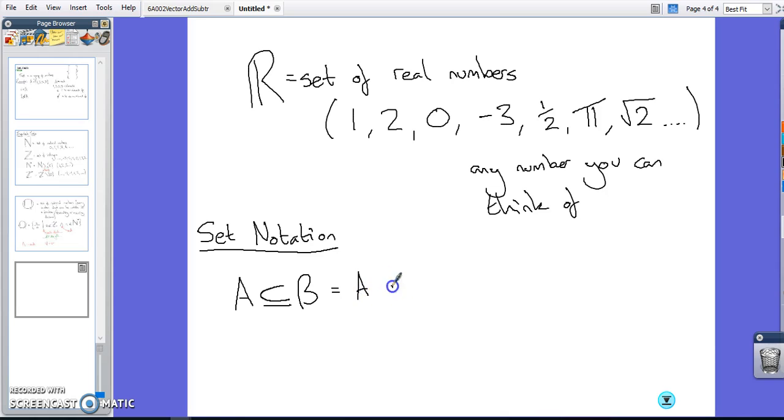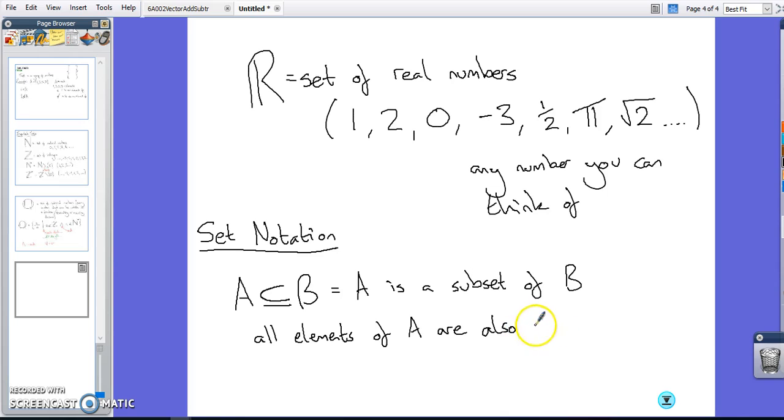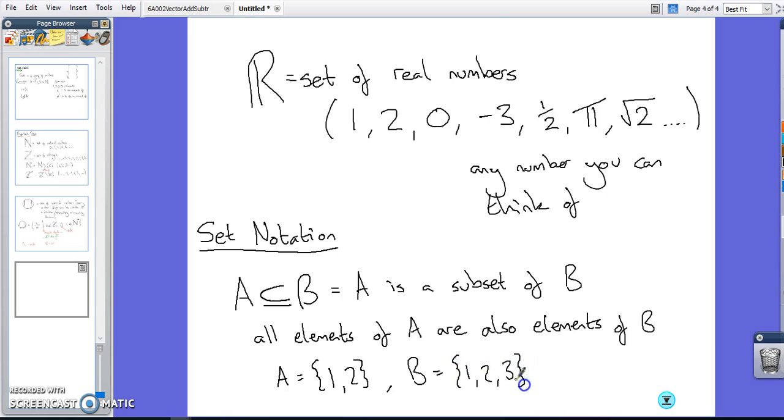And this can be read as A is a subset of B. This means all elements of A are elements of B. So all elements of A are also elements of B. So if you had A was the set of just numbers 1 and 2, and B was the set of numbers 1, 2, and 3, then A is a subset of B.